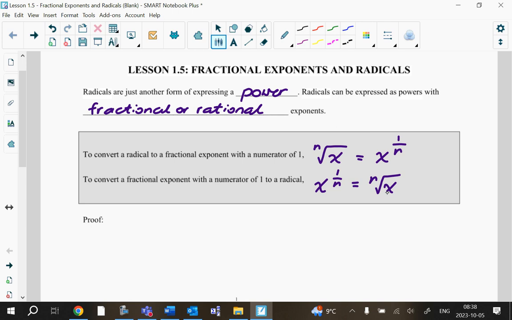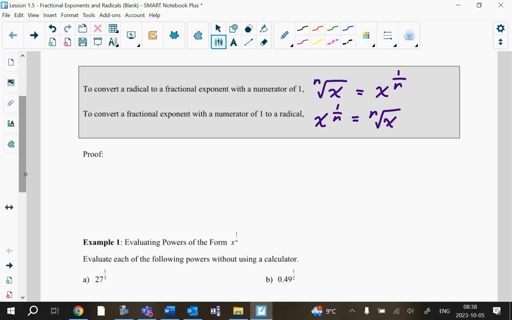I'm not going to prove everything we do today with fraction exponents, but I am going to prove this, okay? Because I think it's important to understand why we can do this.